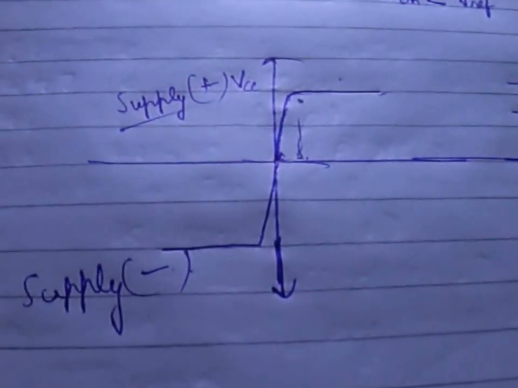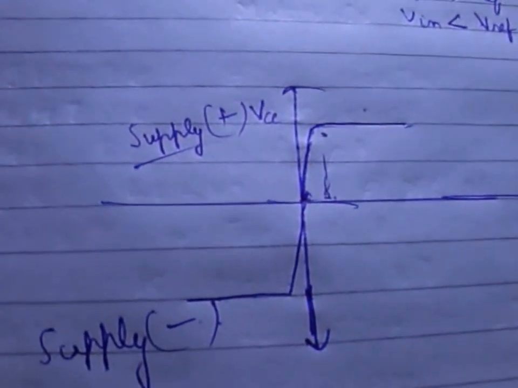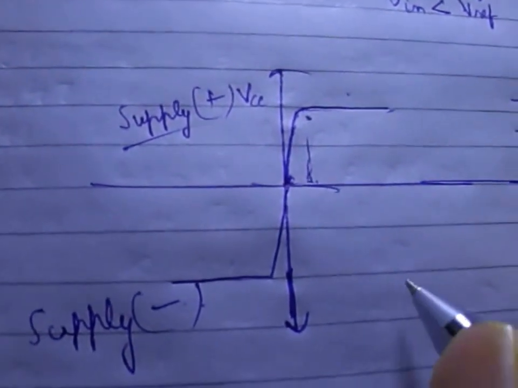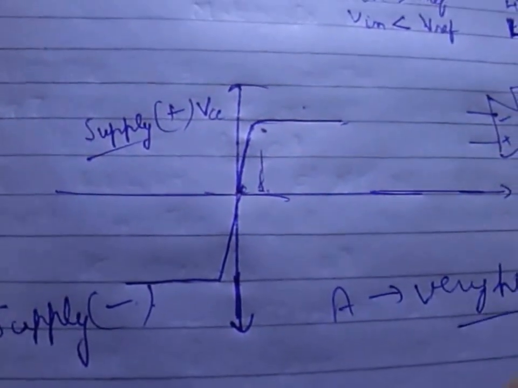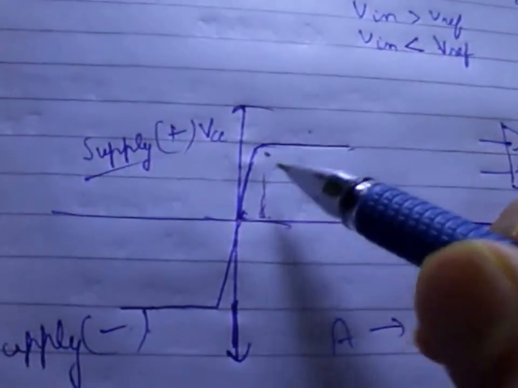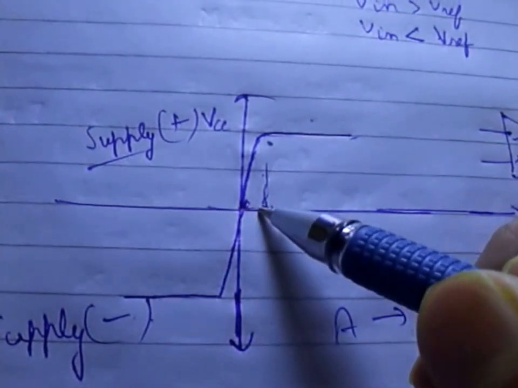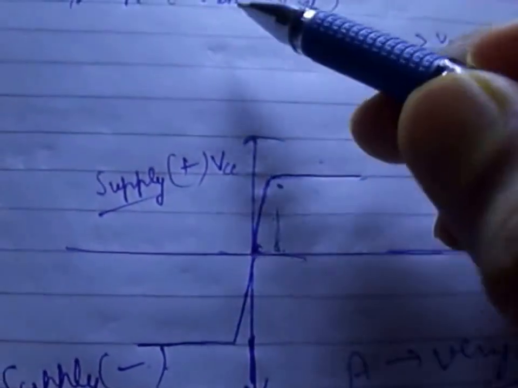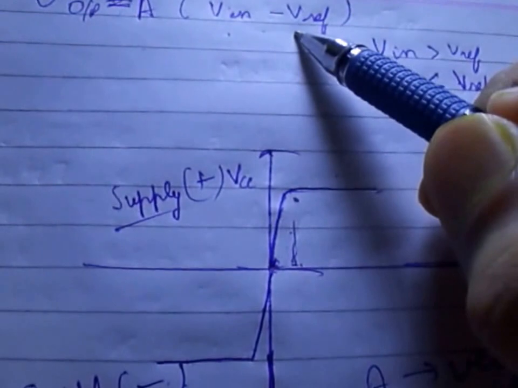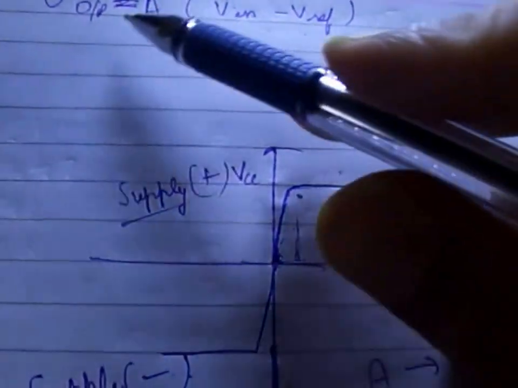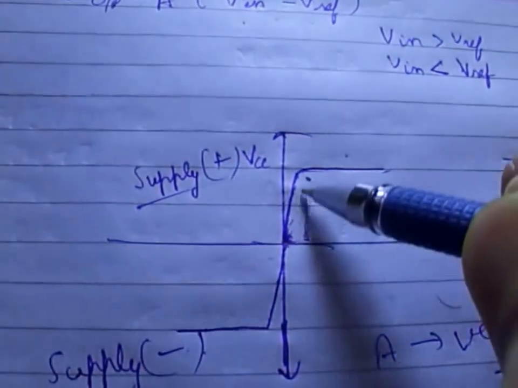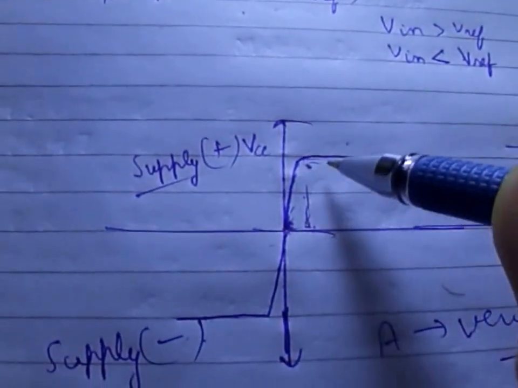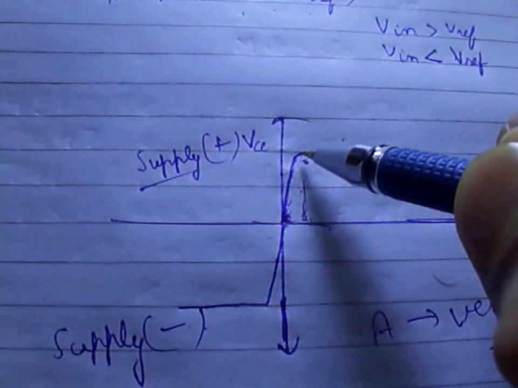So this can be inferred from this figure that was already explained in the lectures. An op-amp has a very high gain, that is, A is very high, and because of this, even if V in minus V ref is a very small quantity, the resulting V output is very large because of the value of A. But it cannot be indefinitely large.